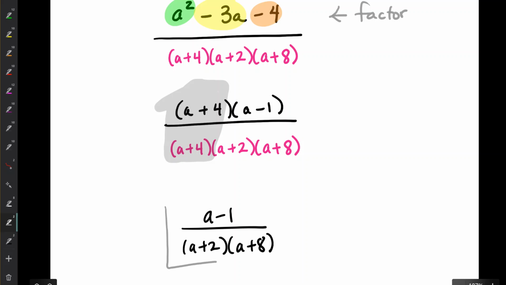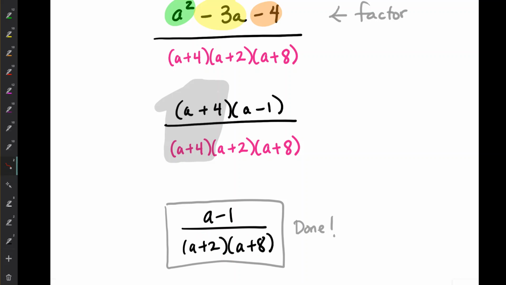And it's good to go ahead and leave that denominator factored because it helps the reader see that there are no more secret times ones. If you multiplied this out, you wouldn't be wrong, and the computer will accept that answer as well.